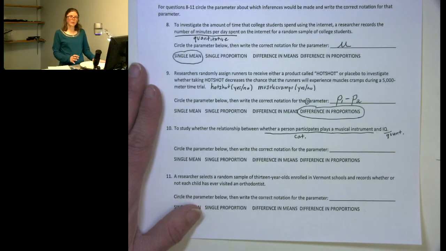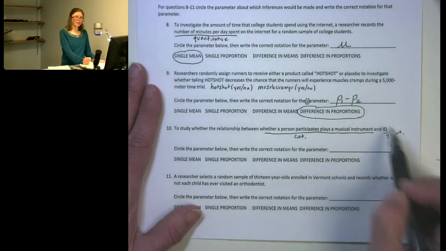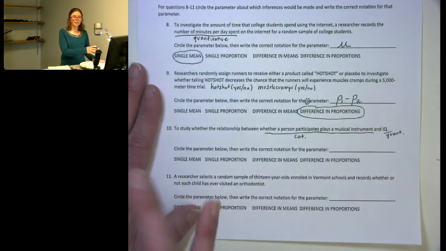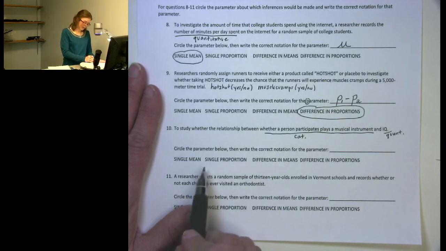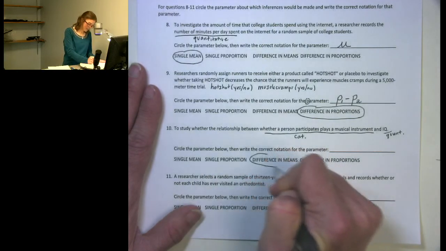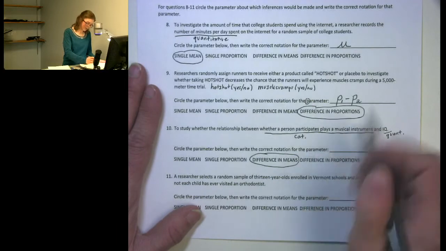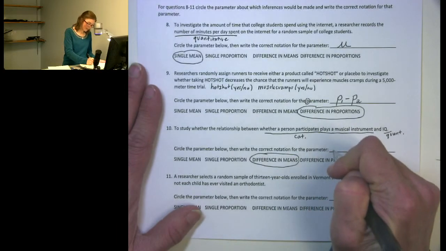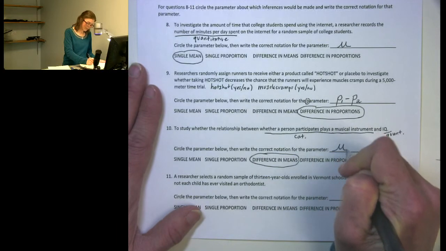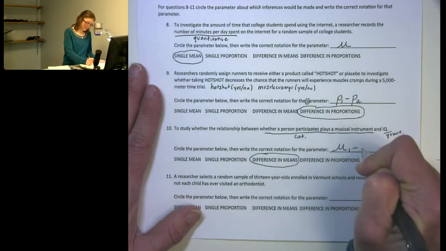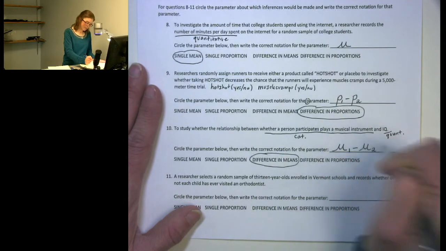When we have one categorical and one quantitative variable, we'll be thinking about comparing the mean IQ between those who play instruments and those who don't. We'll be looking at a difference in means. And again, the parameter notation is always going to be population notation for a difference in means: mean 1, mu 1, minus mean 2, mu 2.